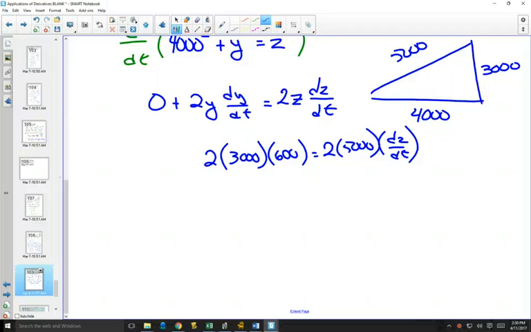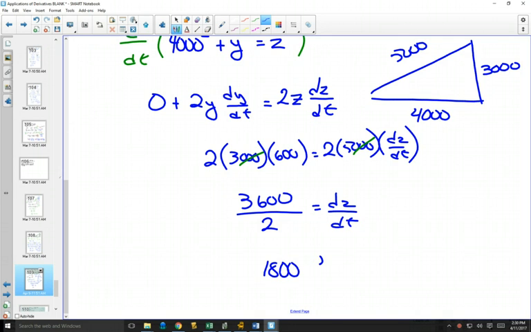And a little bit of mental math here. I'm going to divide both sides by 1,000. I'm going to get 3,600. Divide by 2. dz dt will be 1,800 feet per second.